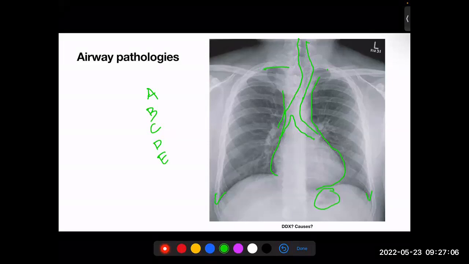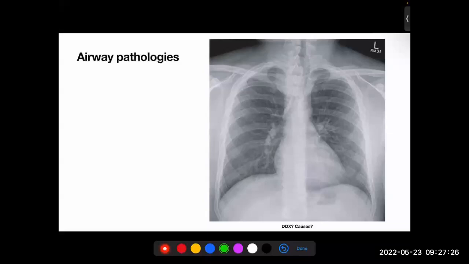What I'm trying to do is that don't look for pathology. Look at the whole thing. Look at the big picture, so that you don't miss anything. I think that is an important thing to think about. So this patient has a deviation of the trachea. Which side is the trachea deviated? Is it to the right or to the left?